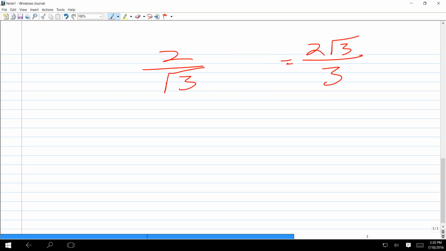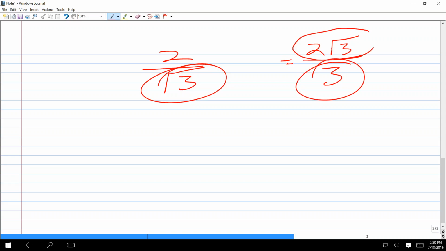There is another convention in mathematics that says you do not divide numbers by irrational numbers. Well, that's an irrational number. That's a rational number. I don't care if I have an irrational number in the numerator. That's okay. But you just don't leave radical irrational numbers in the denominator.